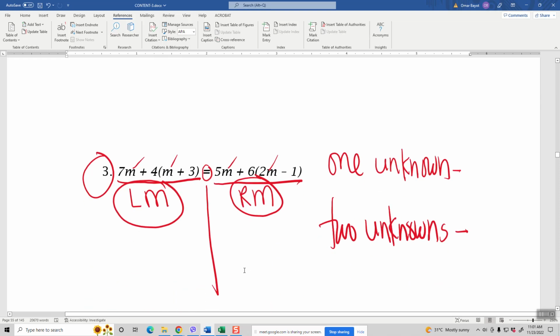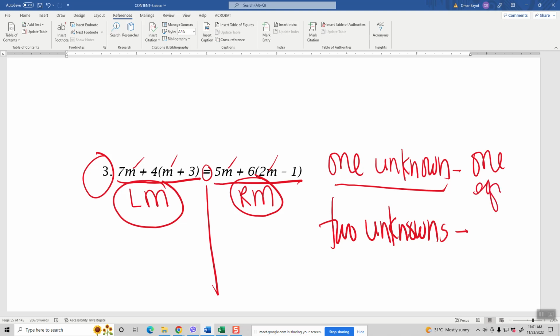So we will start first with one unknown. It must be understood, class, that for one unknown, the number of equations required is only one. One equation is enough for us to be able to determine the unknown variable. For two unknowns, it requires at least two equations.